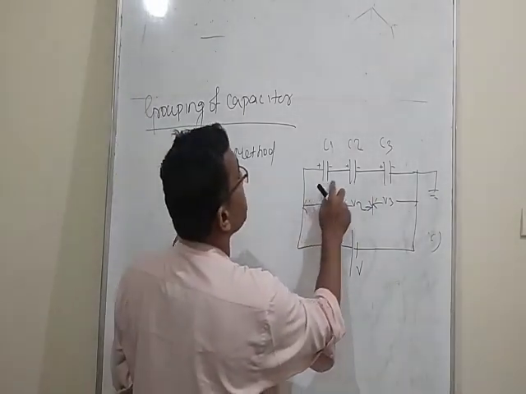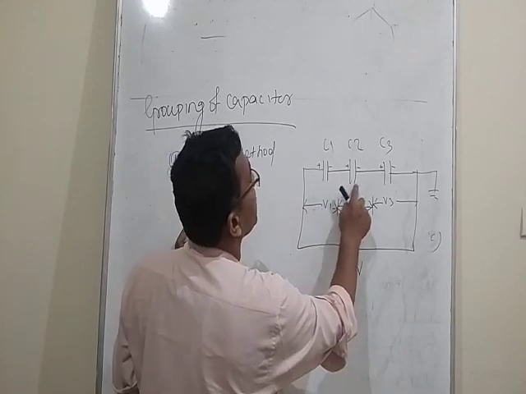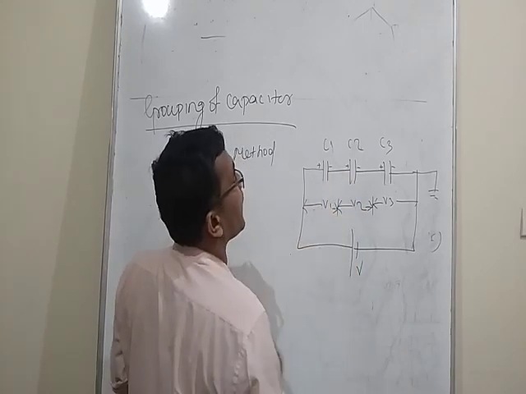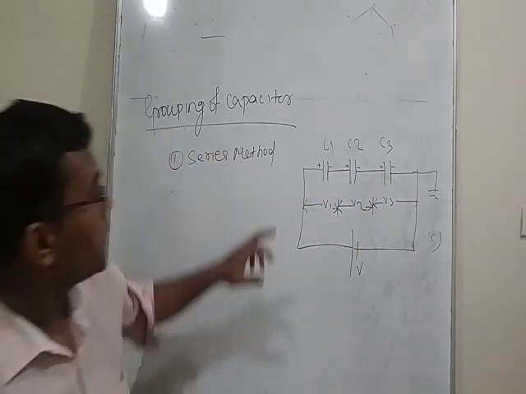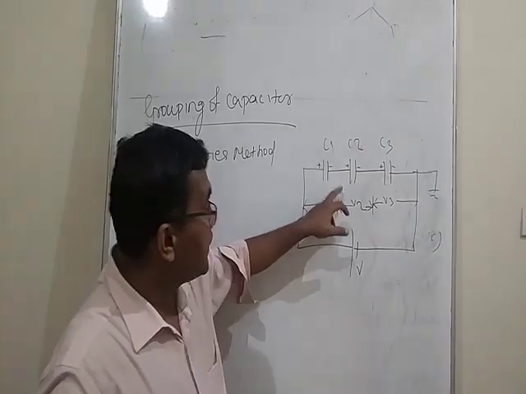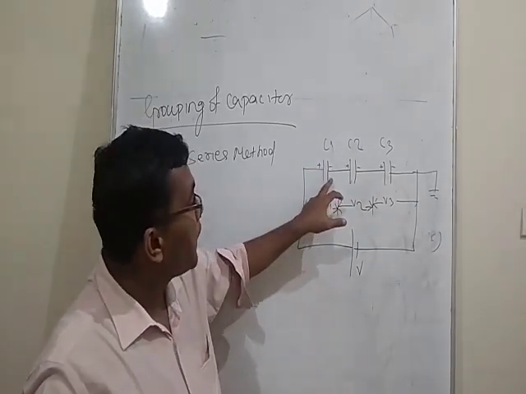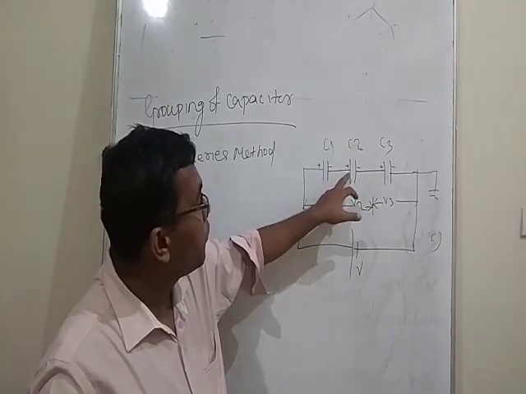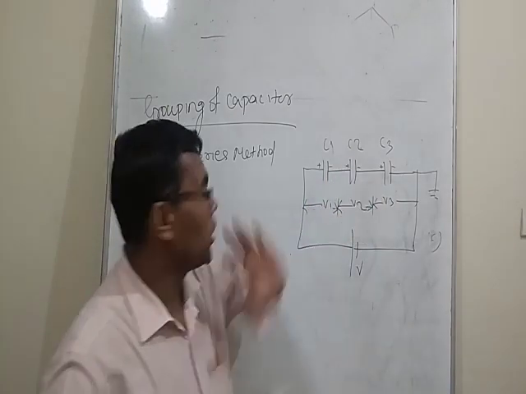This means the negative plate of the first is connected with the positive plate of the second and so on. Capacitors are said to be connected in series if the negative plate of the first is connected with the positive plate of the second and so on.